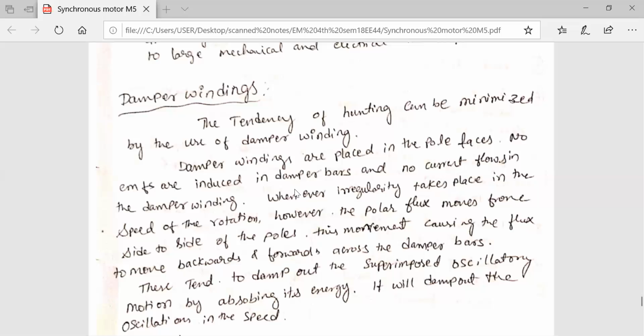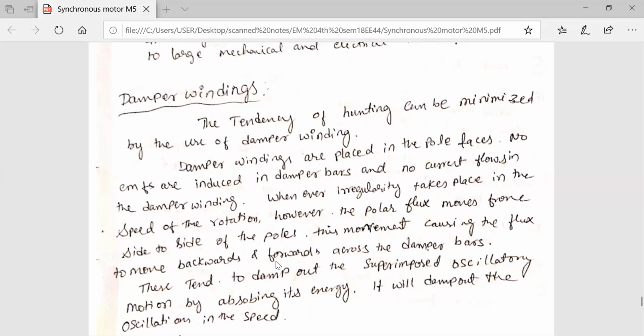Suppose any variation in the load or irregularity happens, the hunting effect will occur at that time. The irregularity affects the speed of rotation. The pole flux moves from side to side of the poles, causing the flux to move backward or forward.